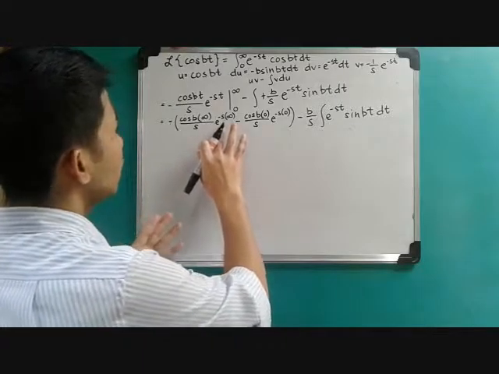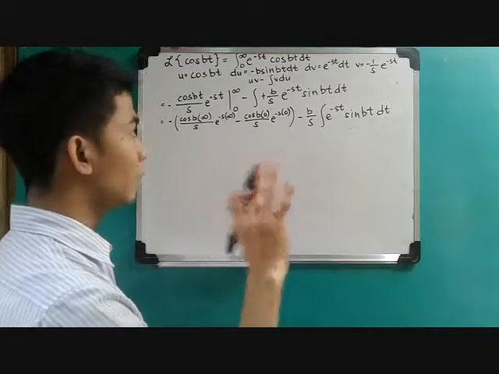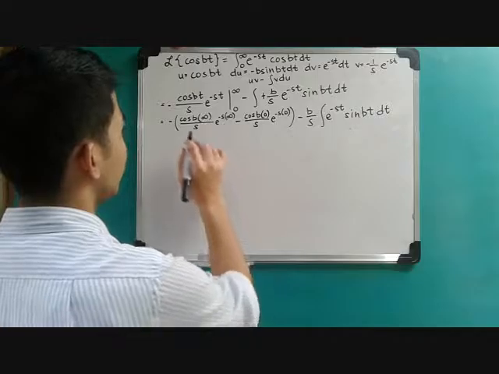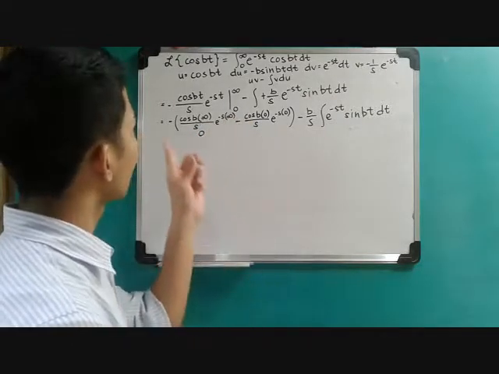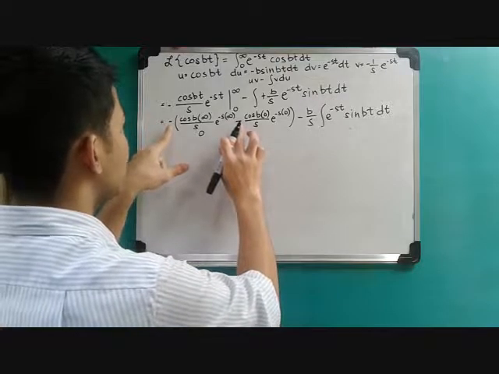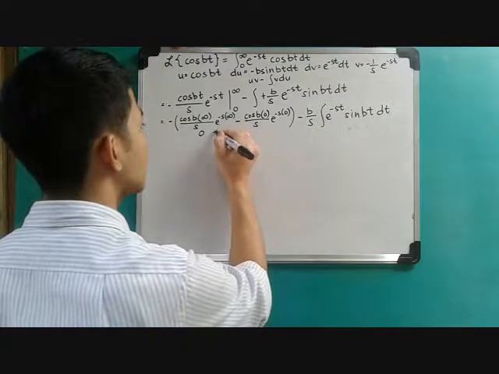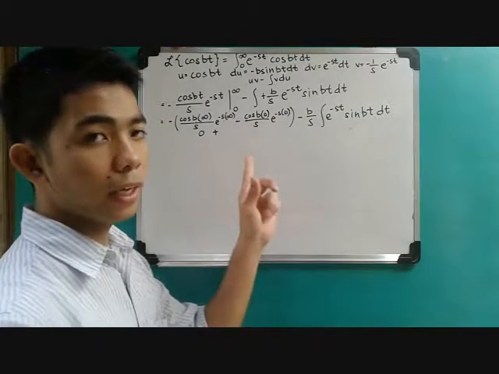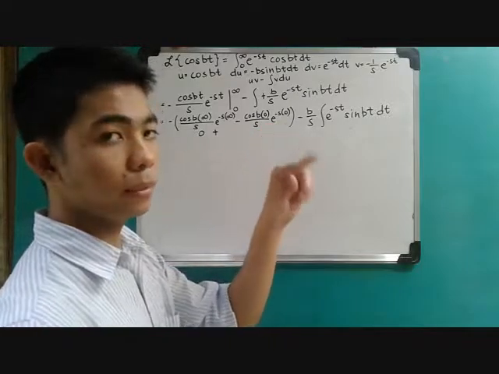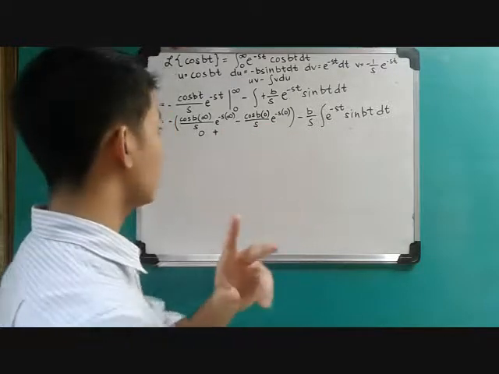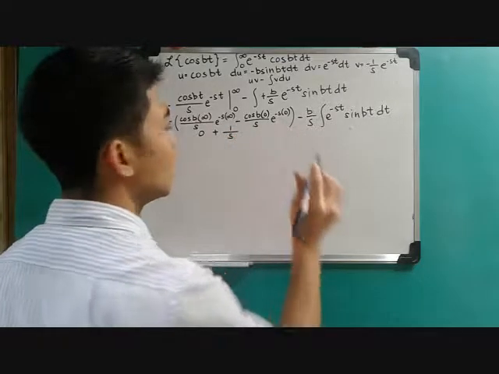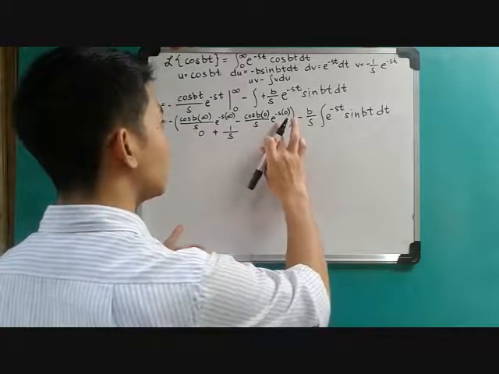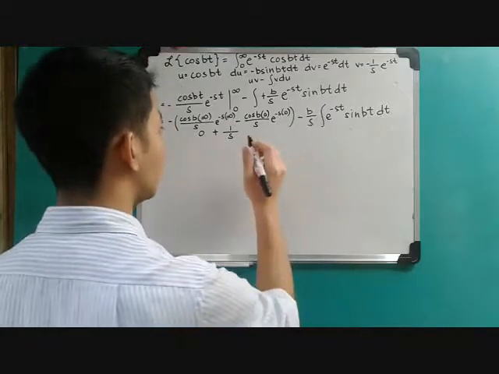So e raised to a negative very large number is equal to 0. So it will become 0. Plus, negative times negative is equal to plus. Cosine b times 0, cosine 0 is equal to 1, over s times e raised to 0 is equal to 1.